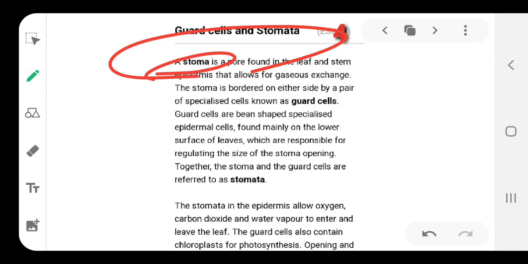Stoma is the opening through which gas exchange takes place, and it is bordered by guard cells. The guard cells are generally found mainly on the lower surface of the leaves, underline the word, and are responsible for the opening and closing of the stoma. Underline the three terms: one is stoma, another is guard cell, and the third is stomata. They are all different terms.